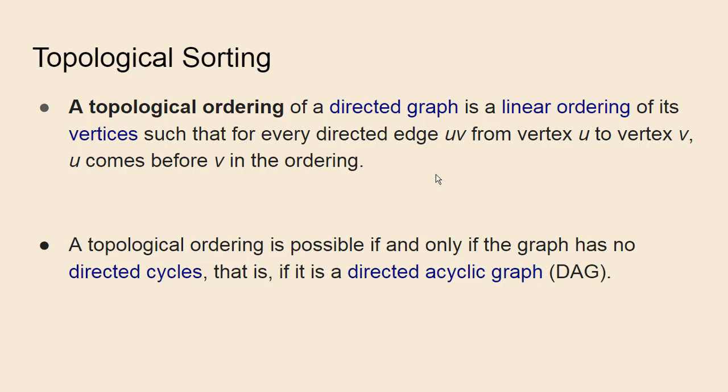And the topological ordering is possible if and only if the graph has no cycles. Given a directed graph, if it doesn't have a cycle, it's called a DAG, which stands for directed acyclic graph. So the topological sorting algorithm will also be able to determine whether the graph has a cycle.